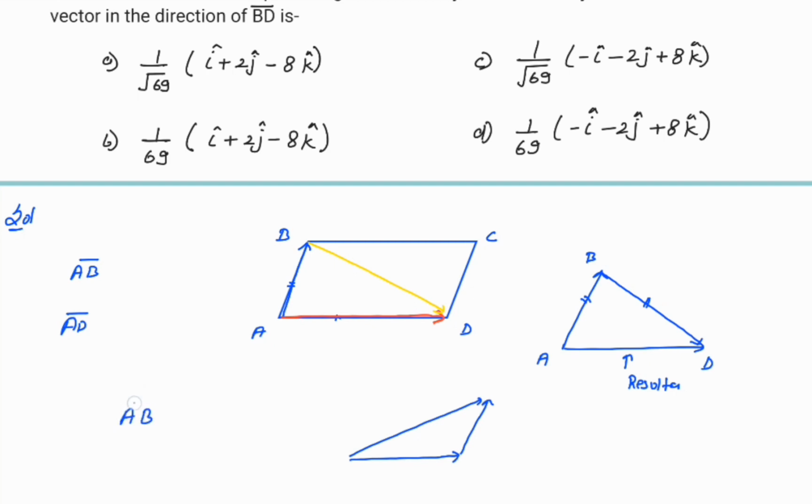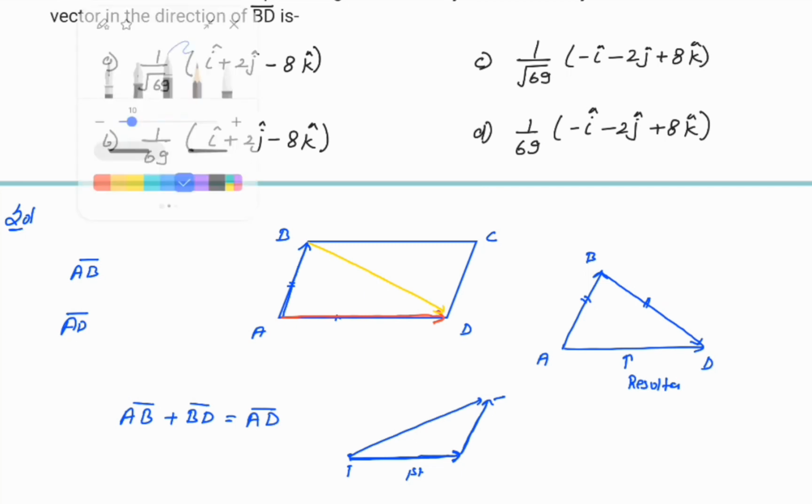So we can write like this. Vector AB plus vector BD is equal to vector AD. Because when we are adding two vectors using the triangle method, this is the first vector and the second vector we place from the head of the first vector, and the resultant will be given by the tail of the first vector and the head of the second.